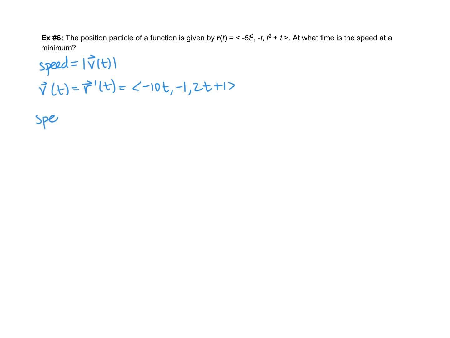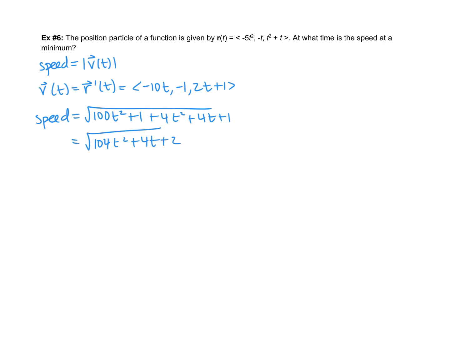So speed then is going to be the magnitude of that function. And so we're going to end up with 100t squared, add 1, add 4t squared, add 4t, add 1, which is the square root of 104t squared, add 4t, add 2.